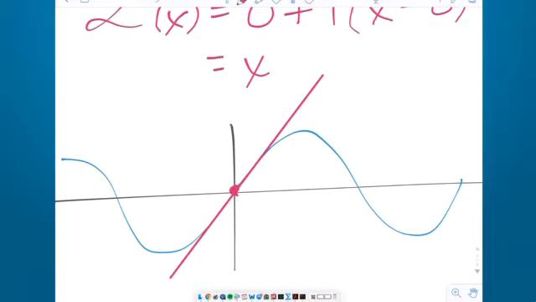Now notice 0 is the point of tangency, so the line at 0 and sine of x at 0 have the exact same y value, yes? But after that, they're different. But they are very close to each other for small values of x, yes?